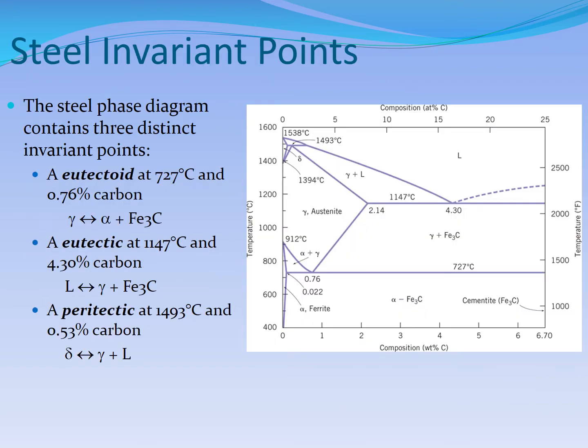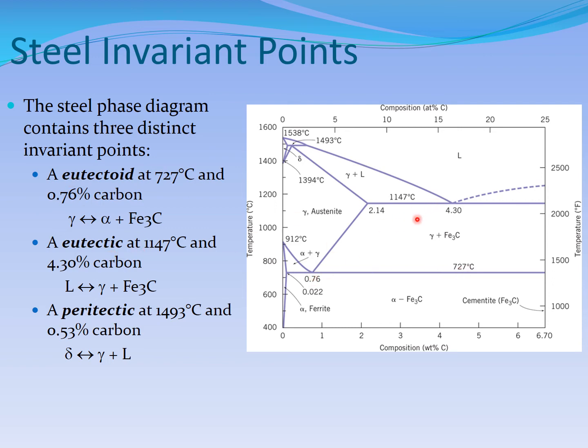Steel invariant points, I have told you that this is a eutectic point, this is a eutectoid point, and here is a peritectic point, right? So eutectoid: 727 and 0.76% carbon.